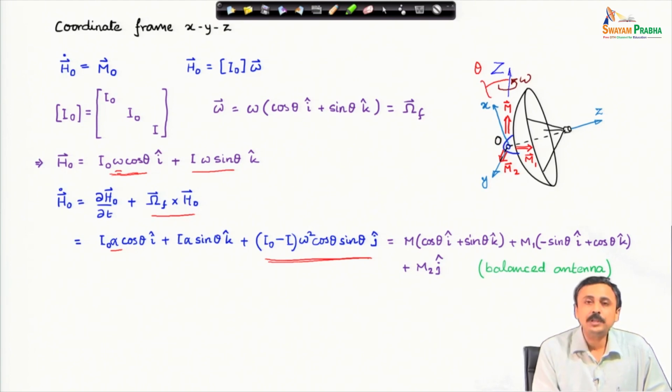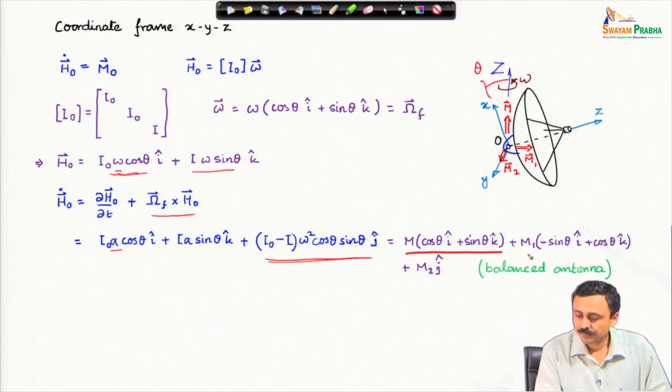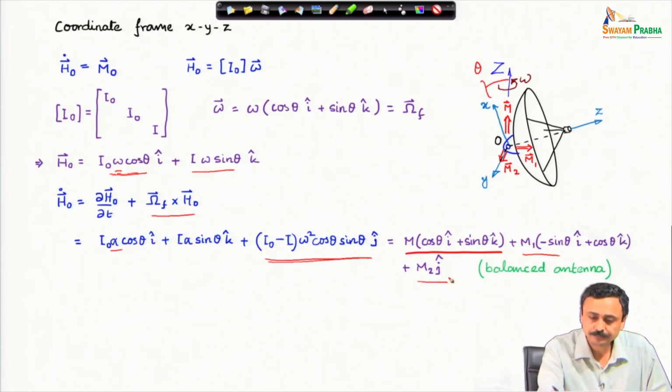Therefore, the only moments on the right hand side, the net moment on the antenna, are the applied moment represented in the XYZ frame, moment m1 again represented in the XYZ frame, and moment m2 represented in the XYZ frame.